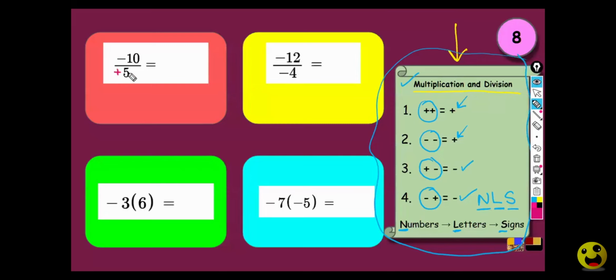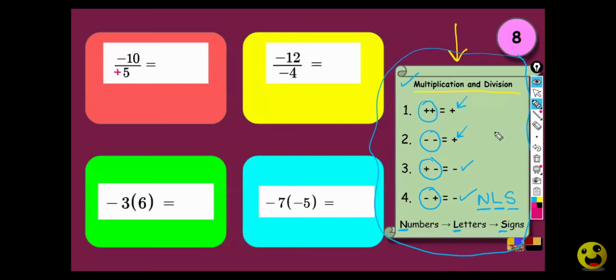So I want everyone to write in the positive by the 5 because 5 is really positive. When you don't see a sign, it is automatically positive. If you have the opportunity to put the positive in a different color, do that. That will remind you that it wasn't there in the first place.